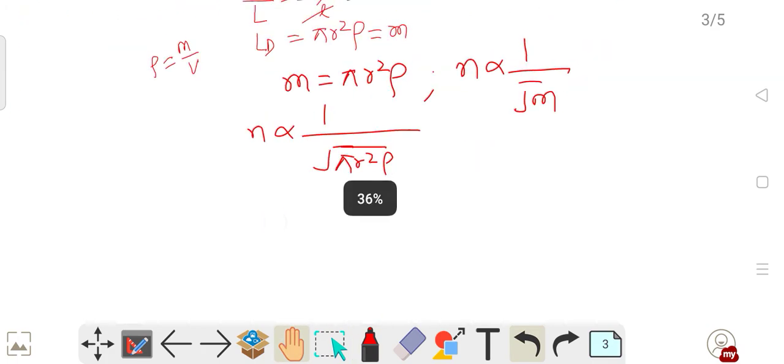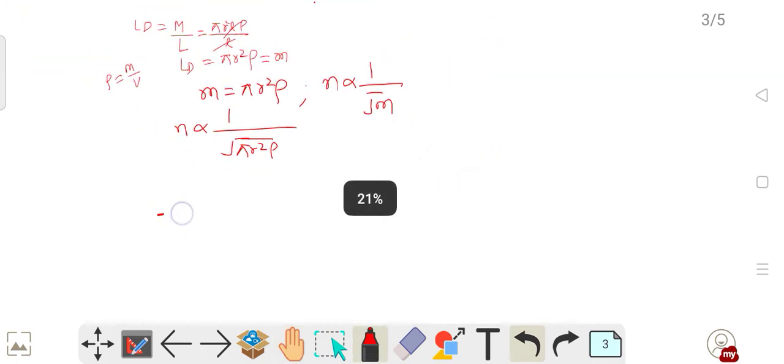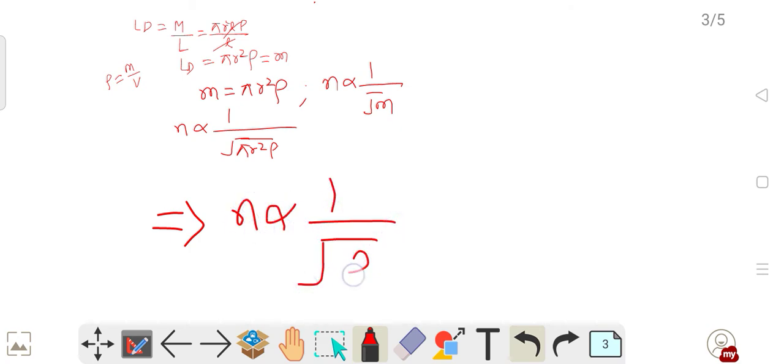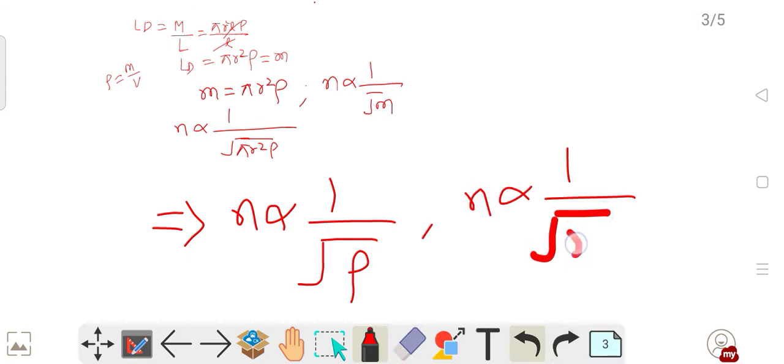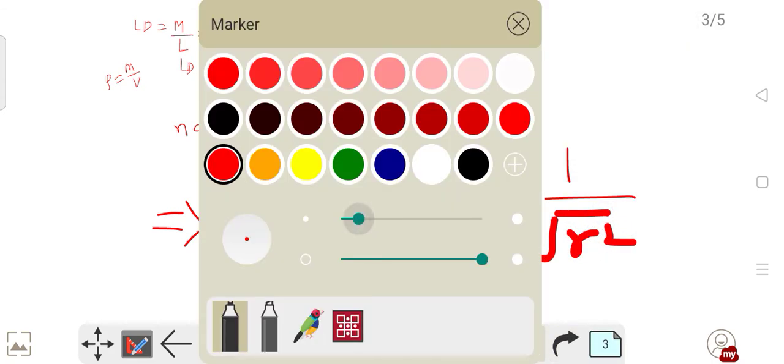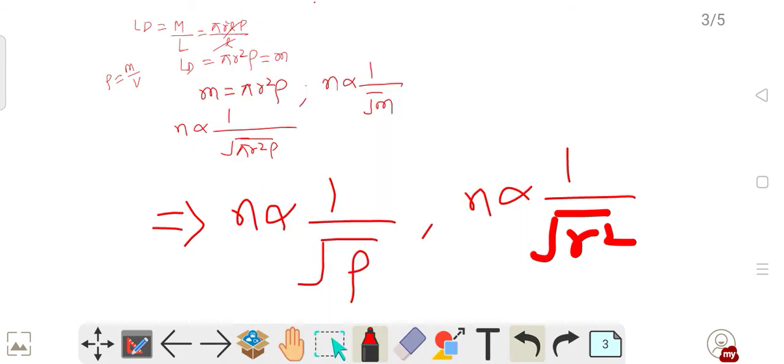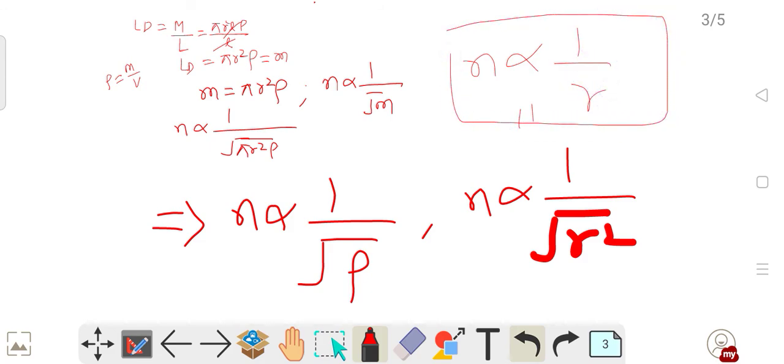This implies n is directly proportional to 1 upon the square root of linear density, and n is directly proportional to 1 upon the square root of r square. Sorry, so I can write it as n is directly proportional to 1 upon r. That is, n is inversely proportional to radius, and n is inversely proportional to the square root of density. These are the two things that are coming out.